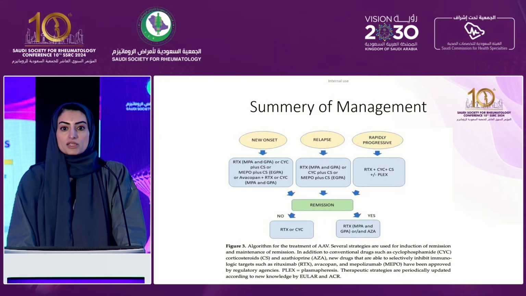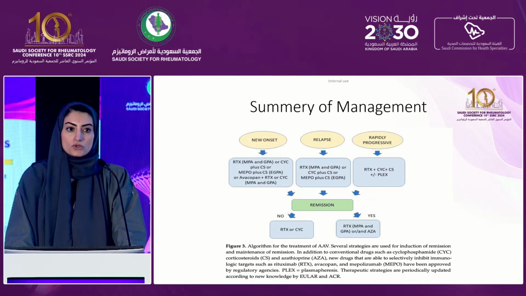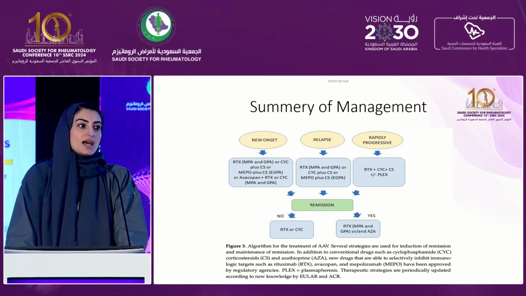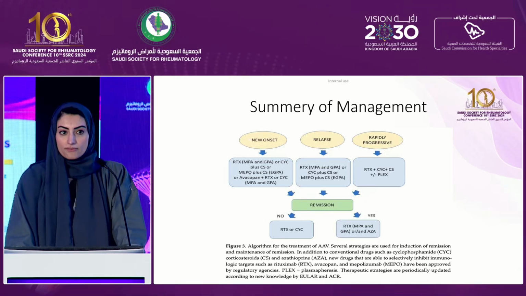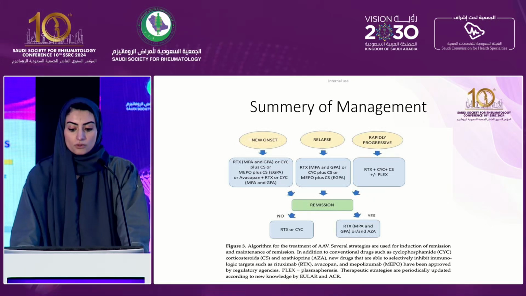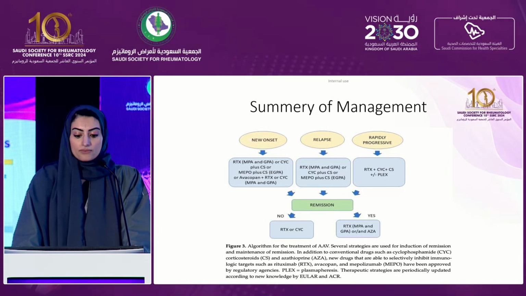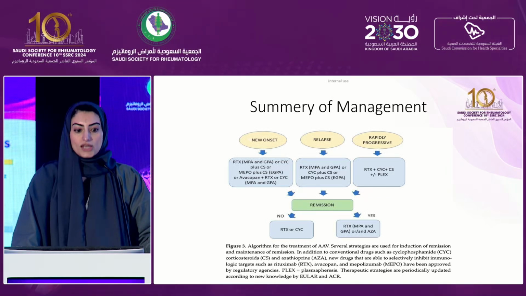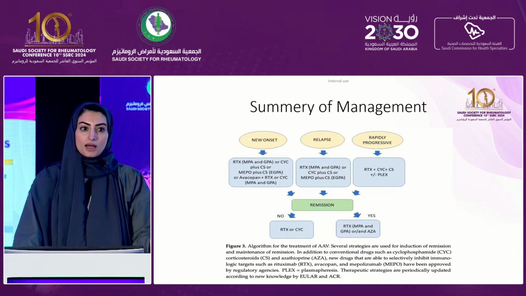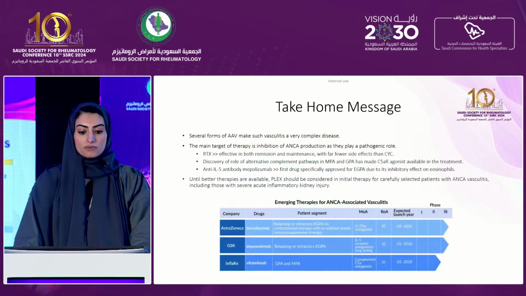For rapidly progressive or severe disease, we can combine rituximab, cyclophosphamide, and corticosteroid and see if the patient is a candidate for PLEX or not. If the patient achieved remission, we can maintain with rituximab in MPA and GPA or azathioprine. If not, we can use, again, rituximab or cyclophosphamide according to what medication the patient received first.